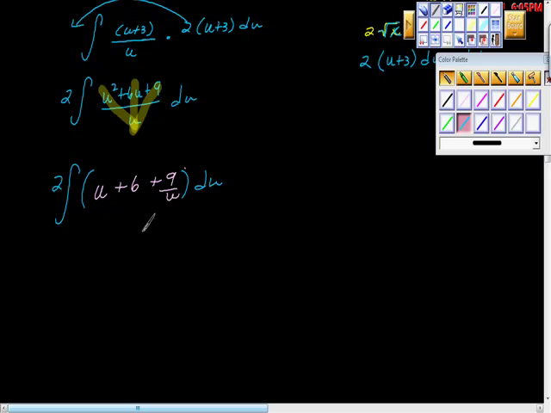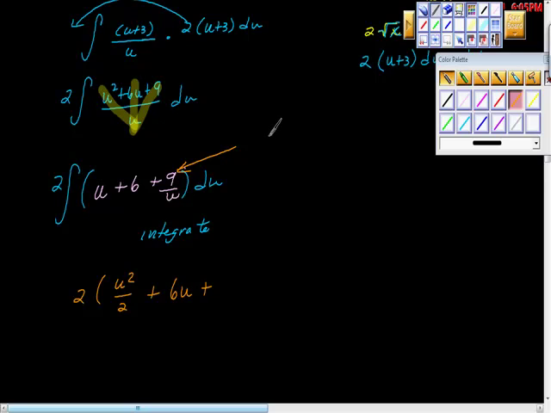So I'm going to integrate. Do my integration in orange. So this would go to u squared over 2, wouldn't it? So u squared over 2 plus 6u, isn't that right? 6u plus, look, this is how I'm taking this.